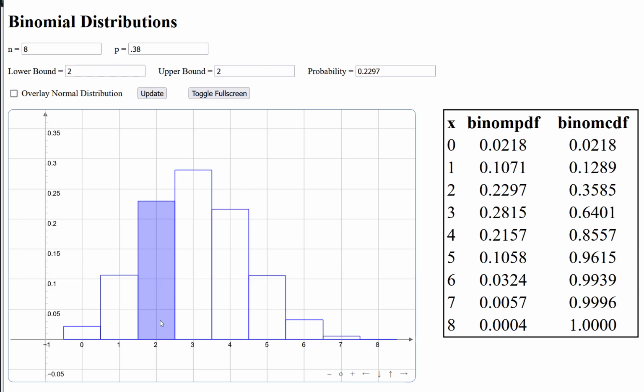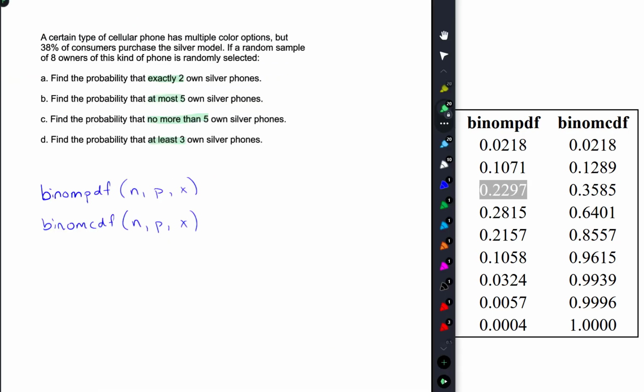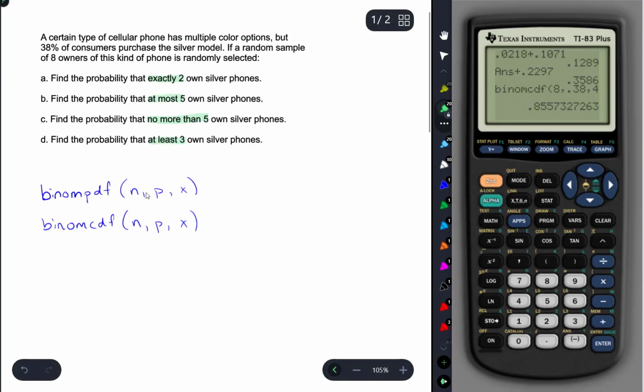So the height of this bar is the probability that I want. Binomial PDF will give me that probability directly. So in this particular case, if I want to know what this probability is, I just use binomial PDF. Anytime the language is exactly a certain number of outcomes, we use binomial PDF.